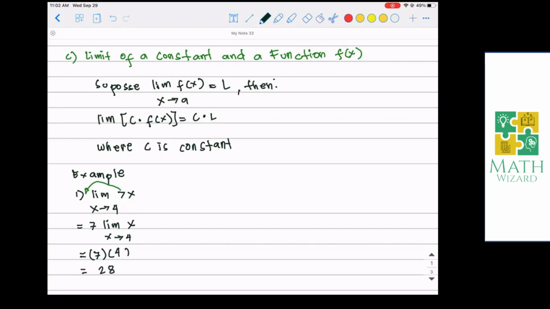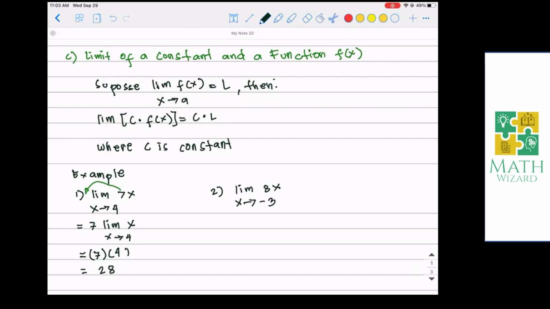So that's the limit of a constant and a function. So let's have another one. Let's say the limit of 8x as x approaches to negative 3.